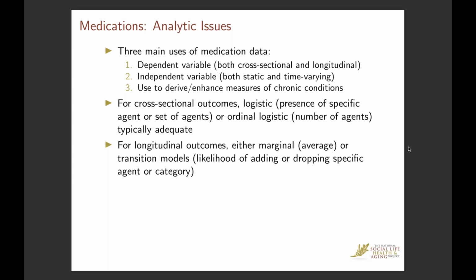So we now have 3 waves on that, and we'll have a fourth once our next wave of data collection is complete. Medication data are often used as an independent variable, and that can be both static and time varying. And then finally, as Albert alluded to, you can also use it to derive or enhance measures of chronic conditions.